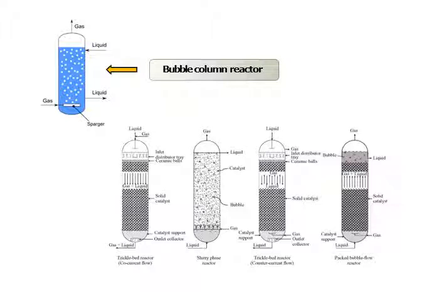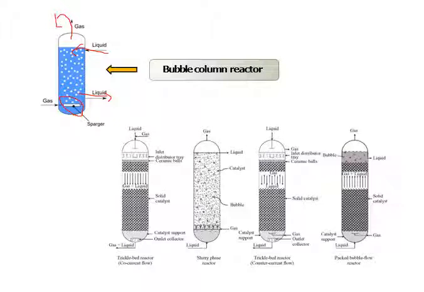This is an example of a typical bubble column, whereby you have a sparger to disperse air inside the liquid, and this is the outlet for the air going out, and the liquid going in and the liquid going out. So the reaction happens between liquid and gas.